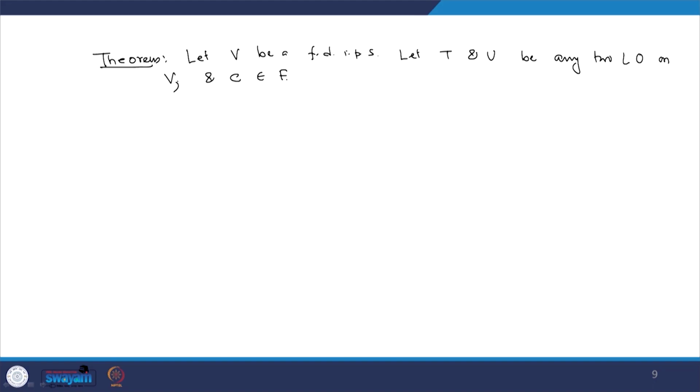It may be complex numbers, it may be real numbers.